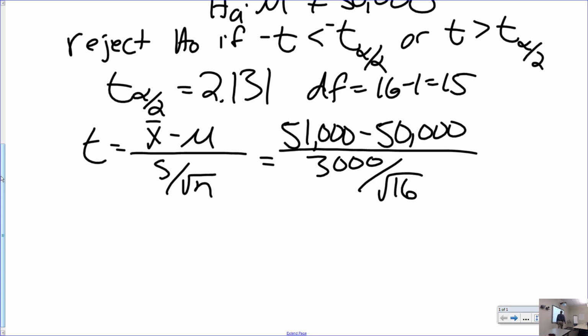And again, folks, you're more than welcome to do some of this stuff in your head. Hopefully you can look at the square root of 16 and go, hey, wait a second, I know what that is. It's 4.